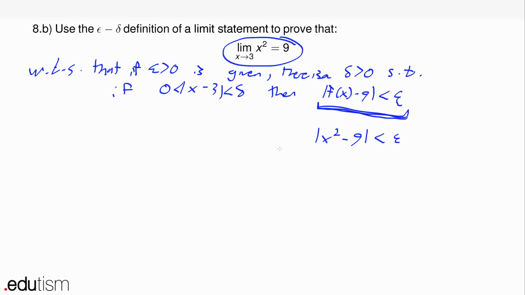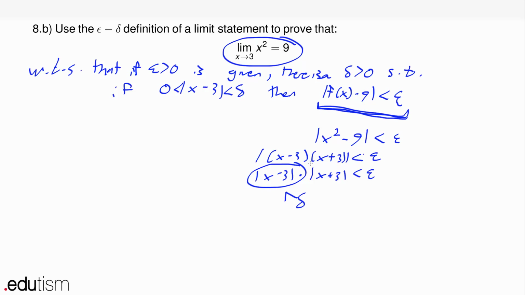x squared minus 9 factors as x minus 3 times x plus 3. If we're taking the absolute value of a product, it says we're taking the absolute value of x minus 3 times the absolute value of x plus 3. Now, no matter what delta is, the absolute value of x minus 3 is going to be smaller than delta. Now, what do we know about the absolute value of x plus 3?